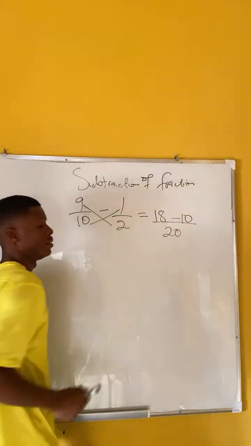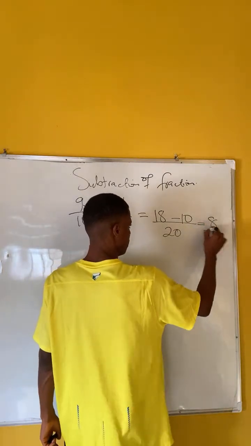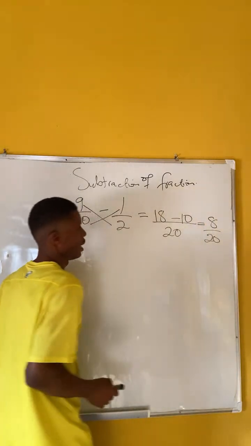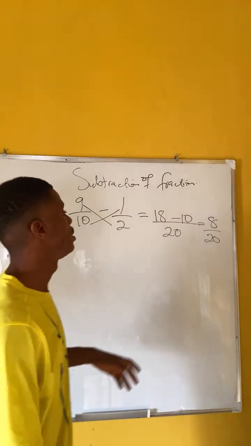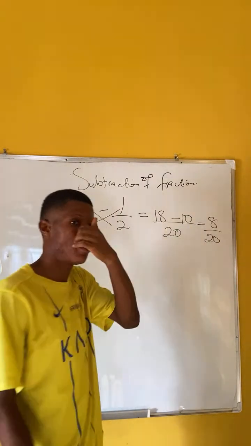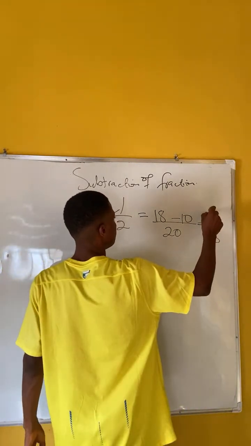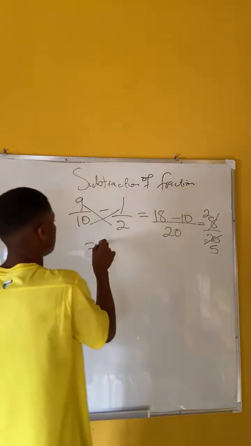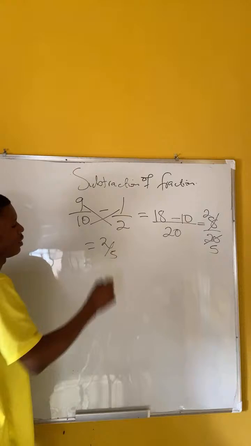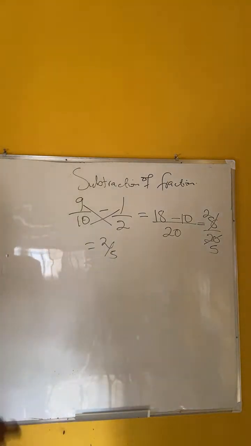So 18 minus 10 is 8. 8/20. And writing 8/20, we can still reduce by dividing by 4, since 4 can divide both the top and bottom number. So when we divide, 4 divides 8, you have 2. 4 divides 20, you have 5. So the answer is basically 2/5.